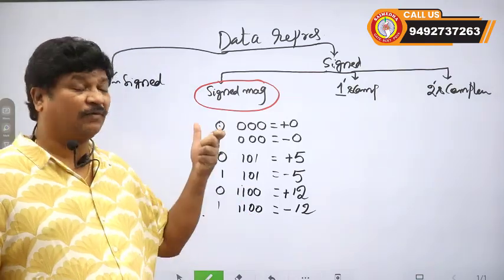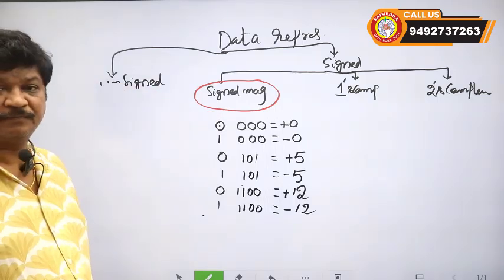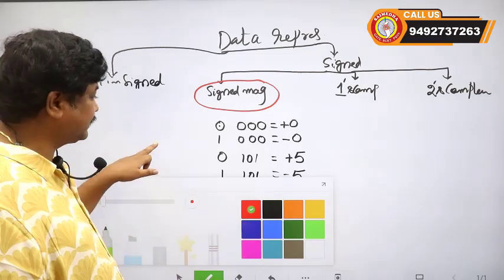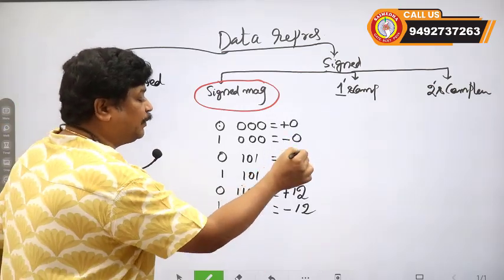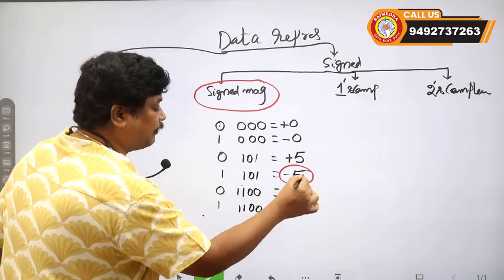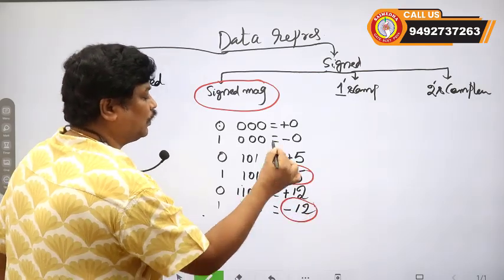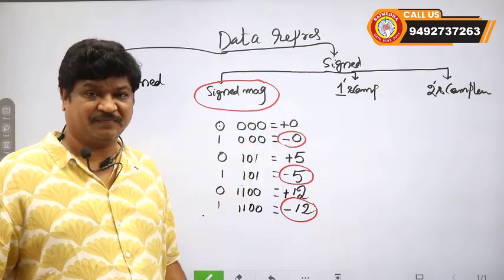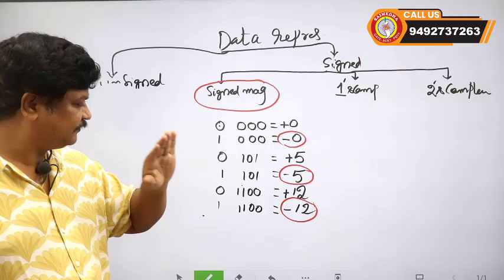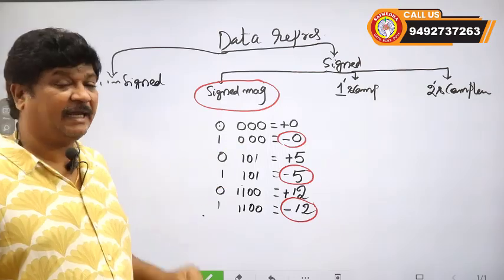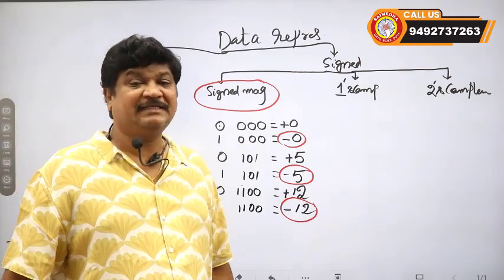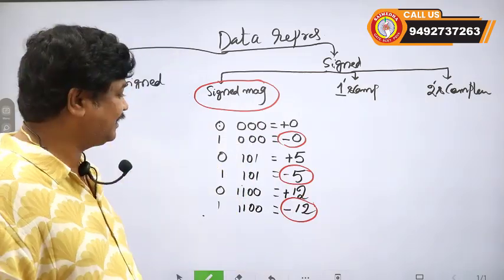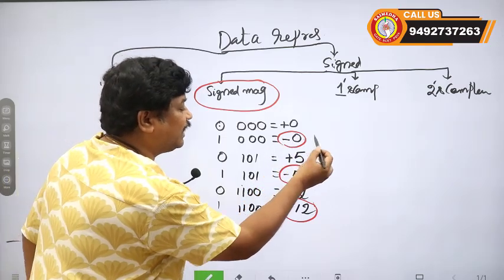What is the advantage over this? The advantage is that there is a possibility of representing negative numbers also. Is there any drawback here? First of all, you have to check: do you have minus 0 anywhere?